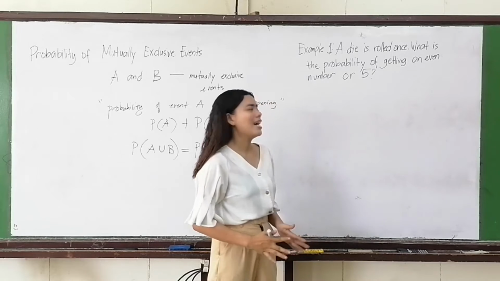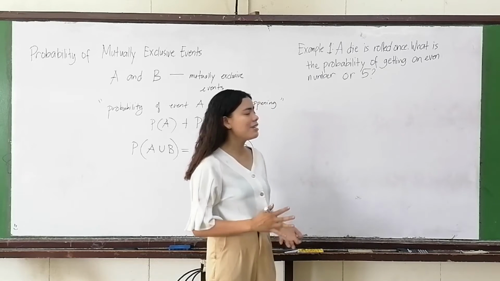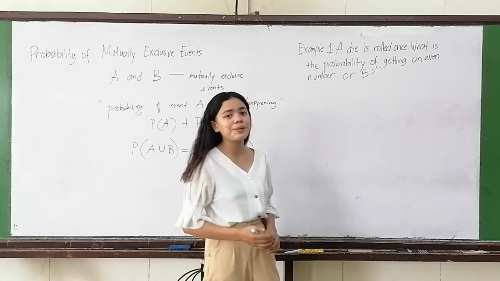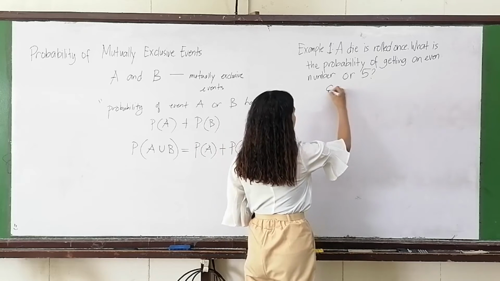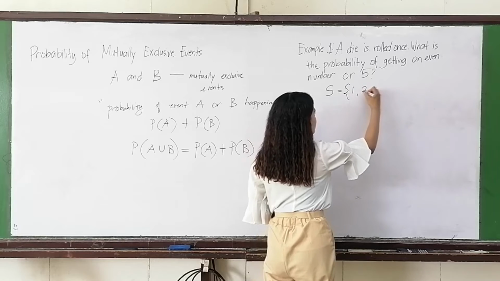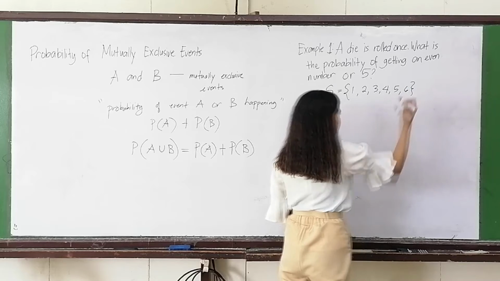Example number 1. A die is rolled once. What is the probability of getting an even number or a 5? Okay, so the first thing to do here is to identify the sample space. So when you roll a die once, the sample space would be 1, 2, 3, 4, 5, 6.